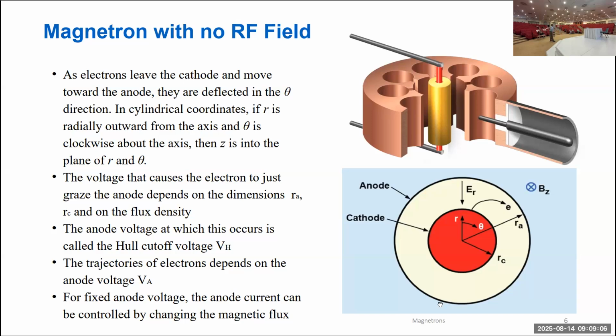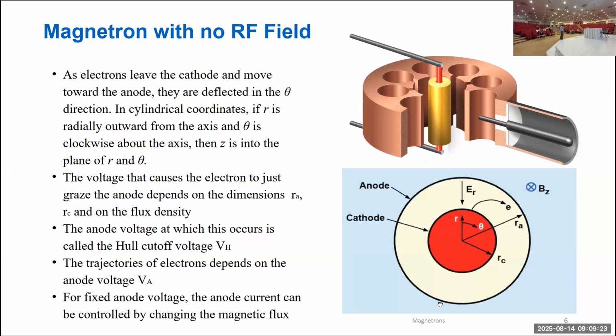Now, when a magnetic field is applied, these electrons under the influence of the magnetic field move in this direction. Now, there are two scenarios.